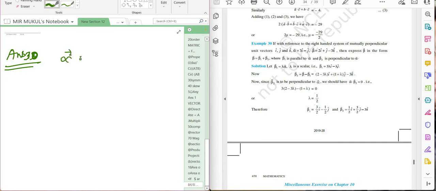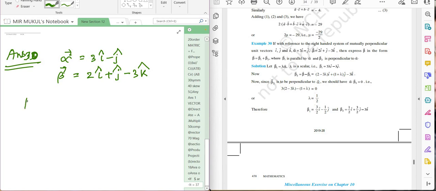So vector alpha equals 3i minus j, and beta equals 2i plus j minus 3k.